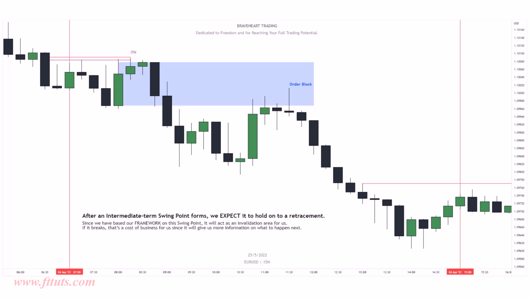So you can't revenge trade on a framework that's flawed. And if this high breaks, that means this high was flawed. Okay? The framework was flawed. So there's no point on revenge trading on a framework that's flawed. Otherwise, it's dumb trading.